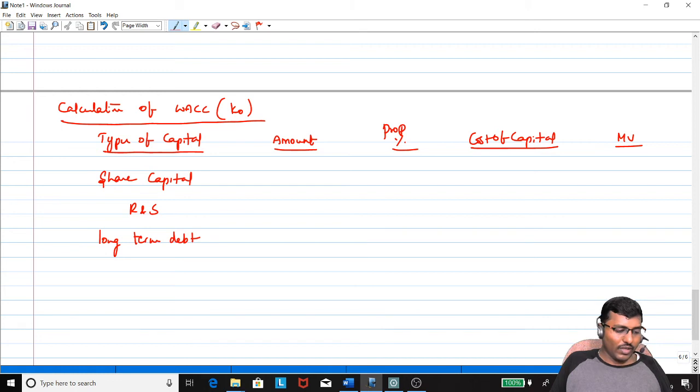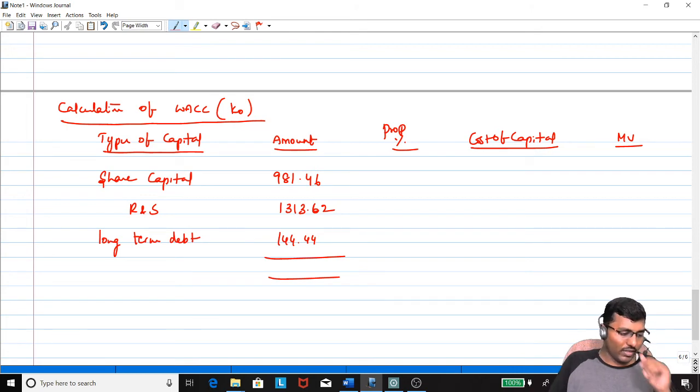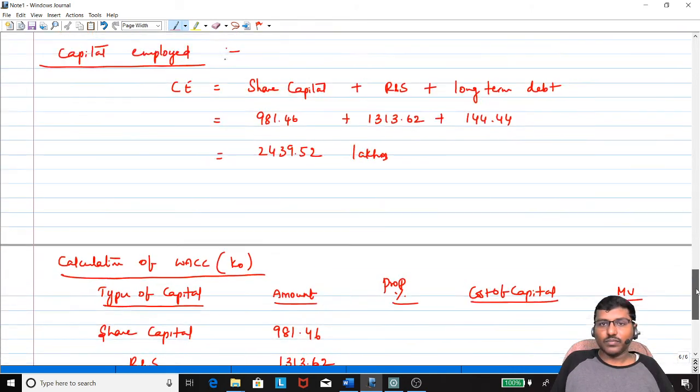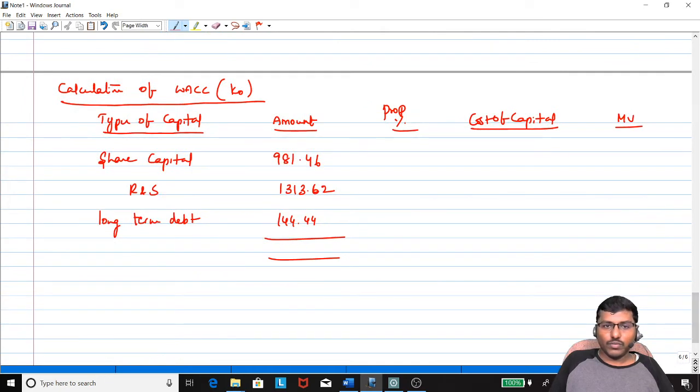All right, chalo. So share capital, what is the amount? 981.46. Reserves and surplus 1313.62. Long term debt 144.44. So coming on to total, already we have calculated it, 2439.52.